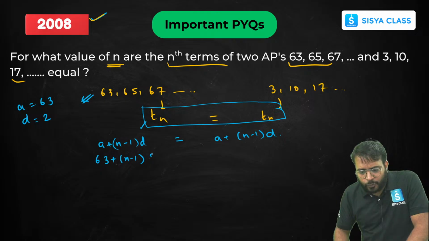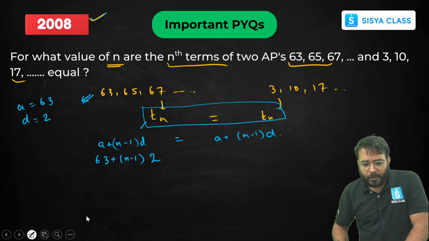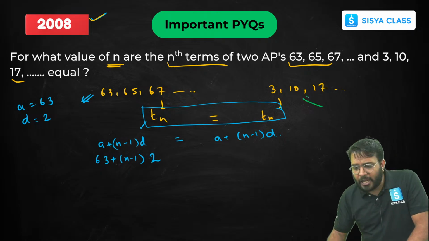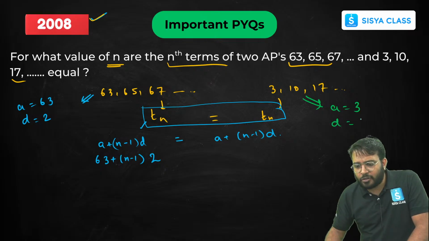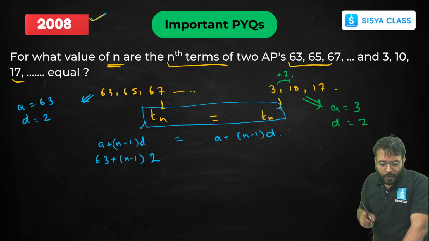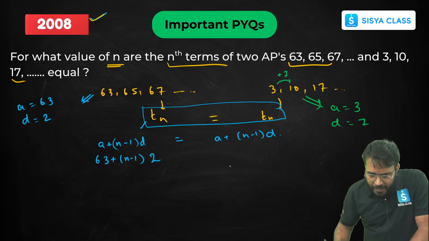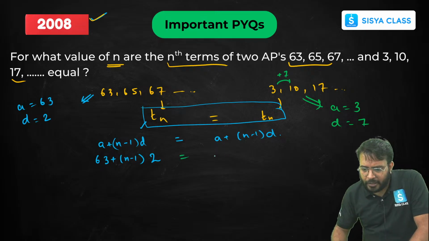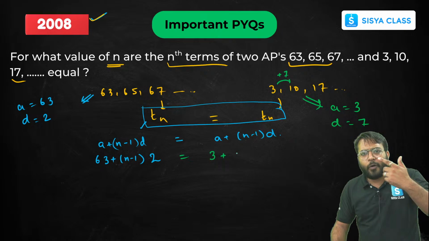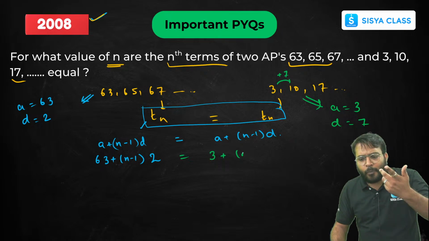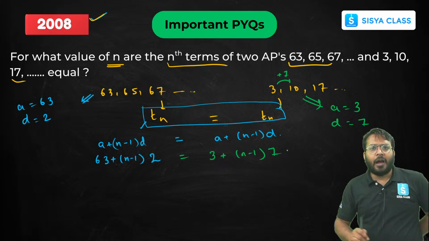For my second AP, my first term is 3 and my common difference is 7. So I substitute a as 3 and d as 7. Understood my point?